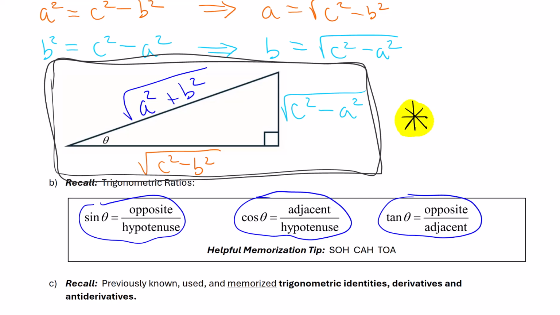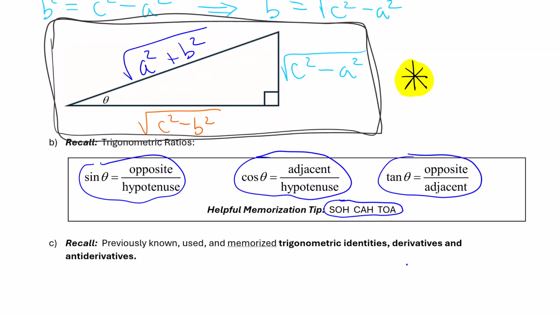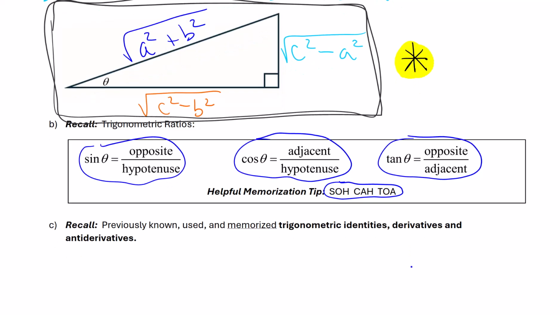A helpful memorization tip you may have even heard is SOHCAHTOA, just a way to remember these. Sine is opposite over hypotenuse, cosine is adjacent over hypotenuse, tangent is opposite over adjacent. We need to be pretty familiar with those, as you'll see soon. But then also recall any previously known, used, and memorized trigonometric identities, derivatives, and of course antiderivatives. We'll be using those as needed.